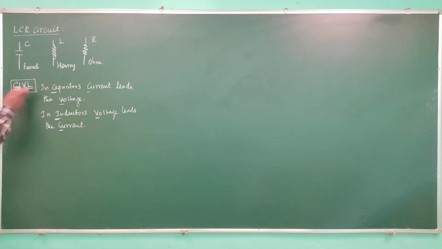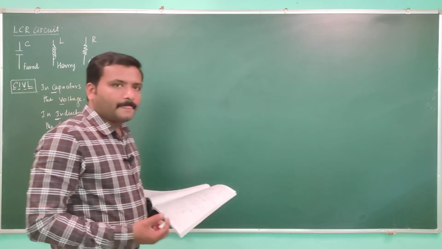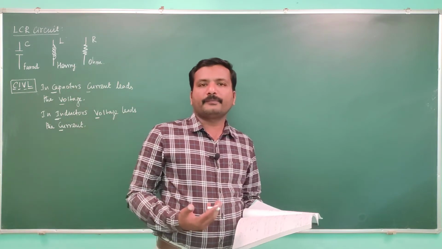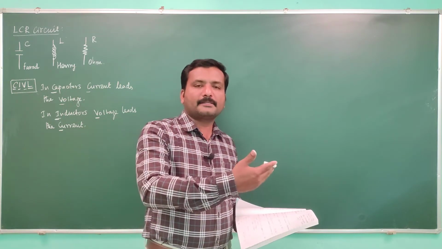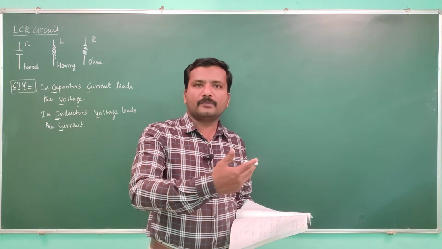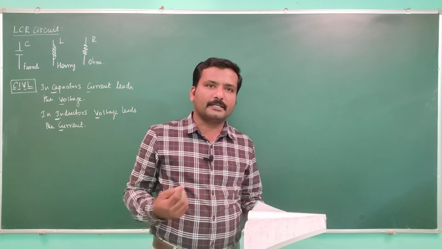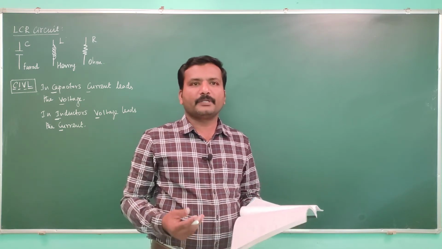When you look from the right to left, in inductors voltage leads the current, right? As in the alternating current, current leads voltage in one condition, voltage leads current in another condition.